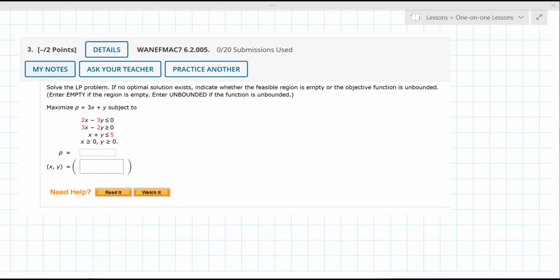Oh, this one's going to end up being unbounded, but I want to show you why. 3x minus 2y is equal to 0. Okay. All right, snipping this in.